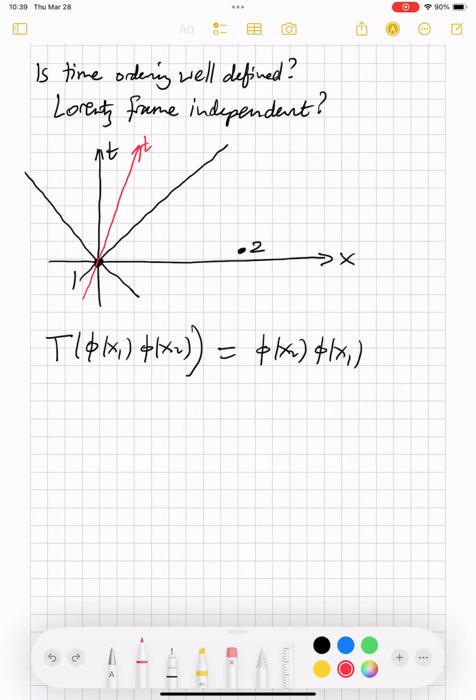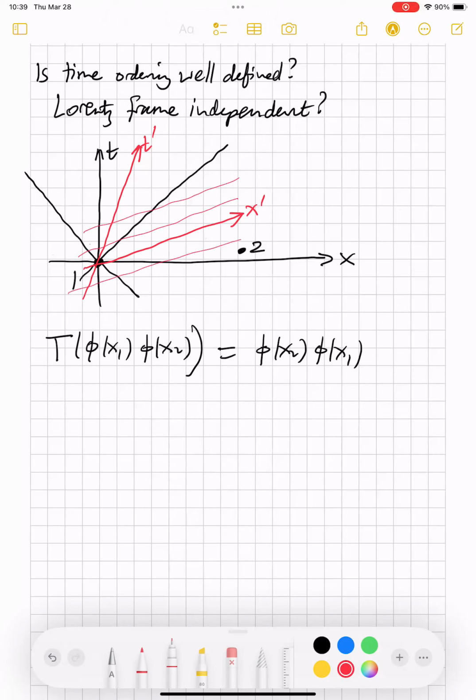Maybe that's a bit better. This is x prime. Now just take a look. If I draw any lines which are parallel to x prime, these are all lines of constant t prime.